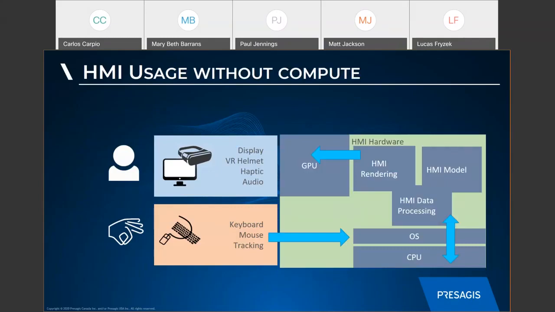How that works without compute today in an environment: typically that data comes in, and there's some processing you've got to do on the data, be it for hand tracking, or processing the data to show on the screen and how much to show. There's an HMI model that you're trying to present in a particular way, and you've got some rendering that then talks to a GPU.